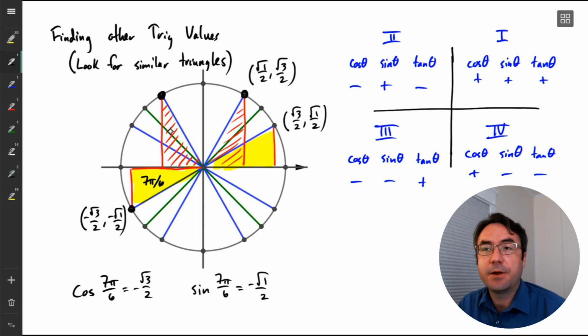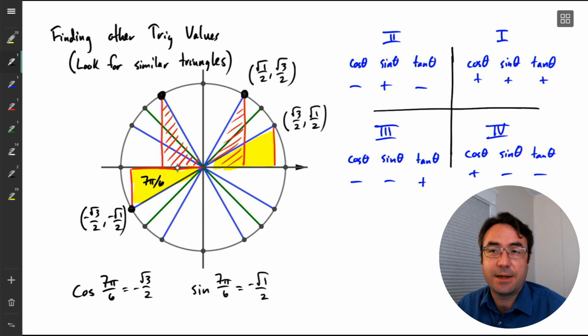And if we're comparing these triangles, they both have the same height, and both of these vertical sides here are above the horizontal axis. Now, the horizontal side for the triangle in the original one is to the right of the origin. In the one we're interested in, it's to the left of the origin.